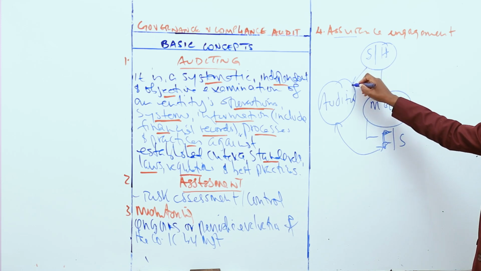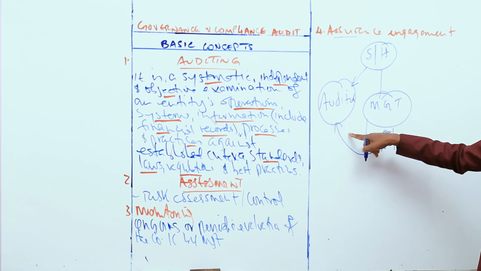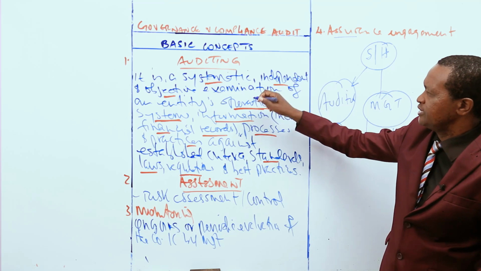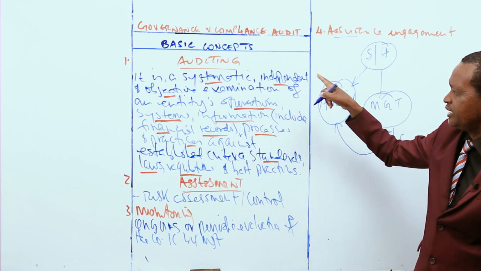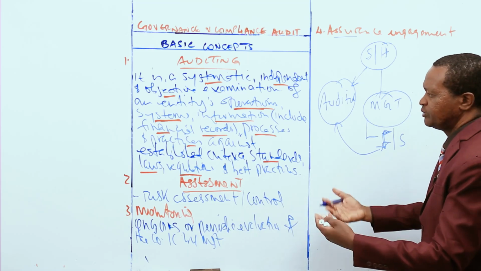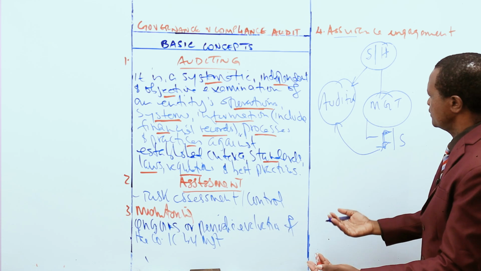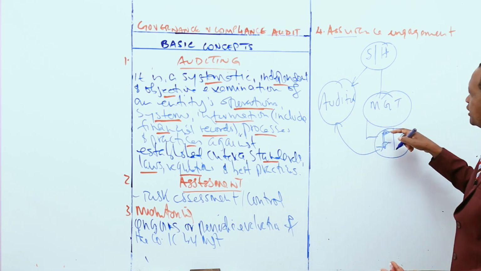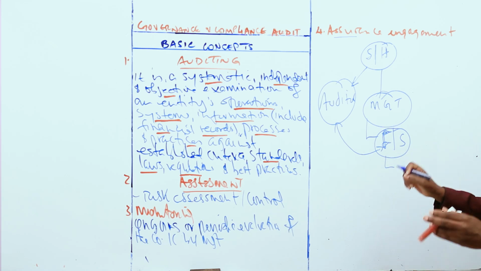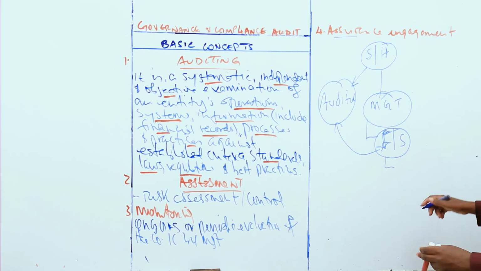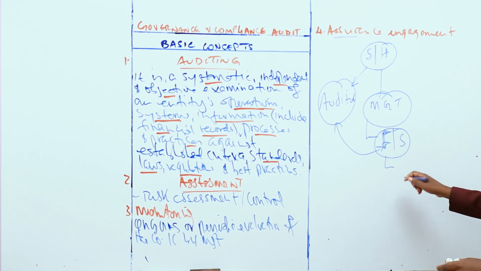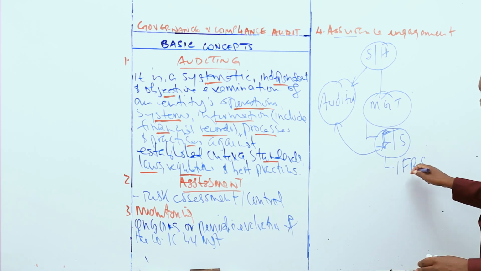And the purpose is for them to carry out an audit, to systematically, independently, and objectively examine the entity's financial records against established criteria. The financial statements as prepared by the management are required to be prepared in line with an acceptable financial reporting framework. The management is mandated to prepare financial statements in accordance with international financial reporting standards.